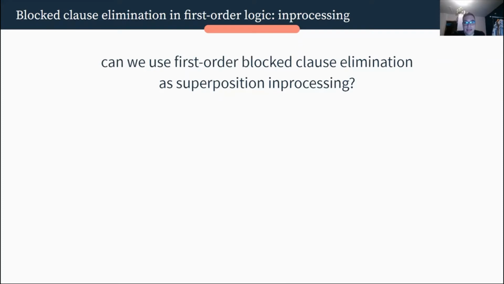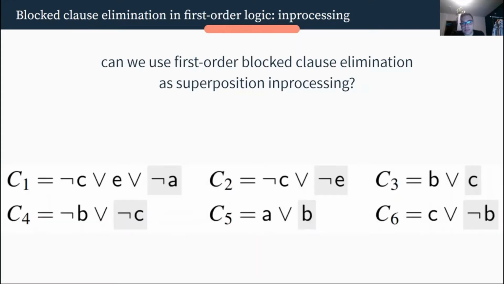The second question was, can we use block clause elimination as in-processing? And the answer to this is, unlike predicate elimination, no. And we came up with a counterexample. This is a simple propositional six-clause set, which is unsatisfiable. And the parameters of superposition are set so that you can perform superpositions or resolutions only between the grayed parts.